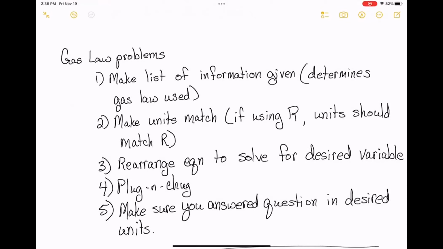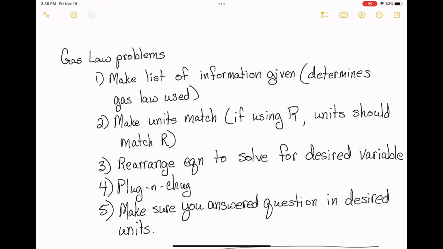Once I've identified the gas law that I want to use and all of the pieces of information that I need, I then go through and make all my units match up. So my pressure, I will make it into atmospheres so that it matches up with the ideal gas constant. The third thing I do is I go ahead and rearrange the equation before I add numerical values.